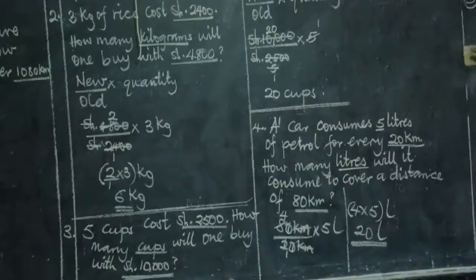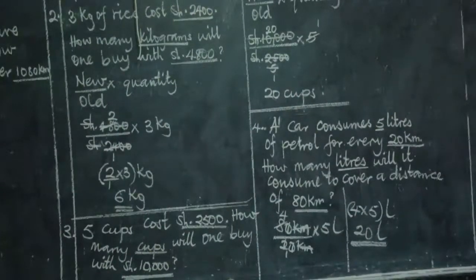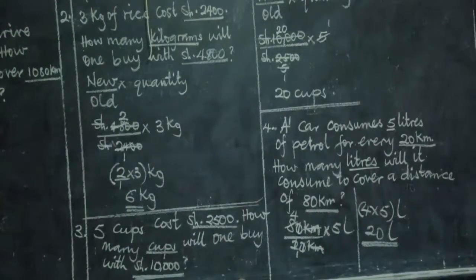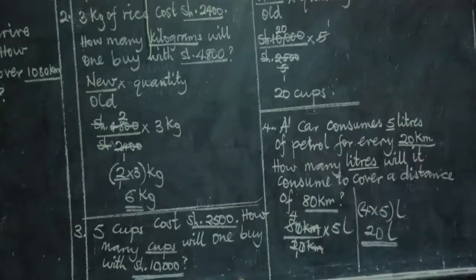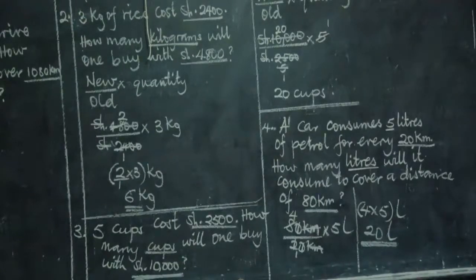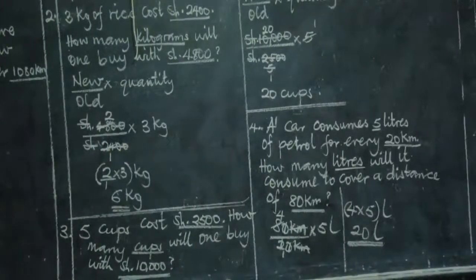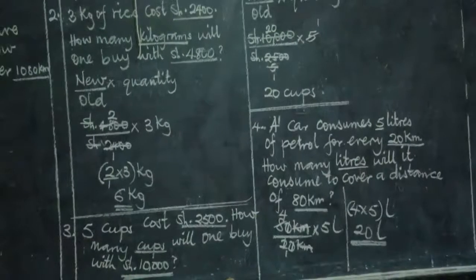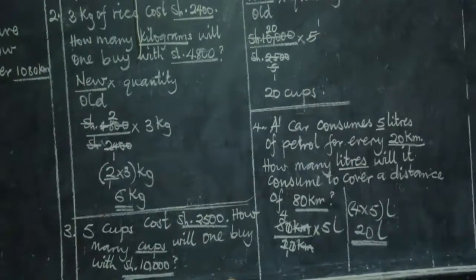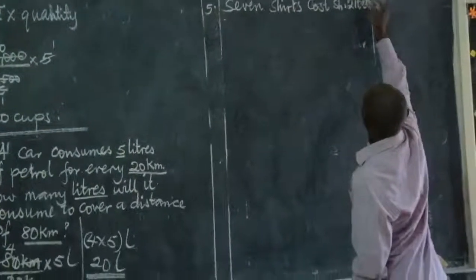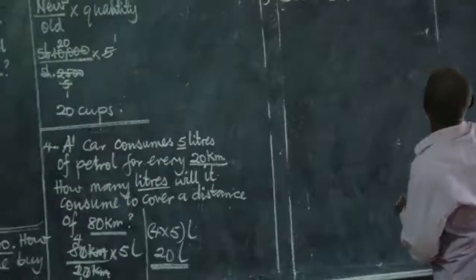So in our example number 5, someone may tell you that 7 shots cost 21,000 shillings.